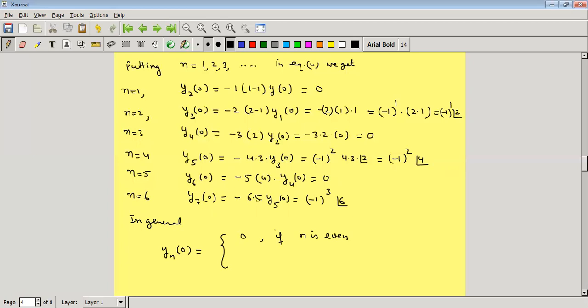When we take the seventh derivative, we get minus 1 to the power 3 into 6 factorial. When we take the fifth derivative, we get minus 1 squared into 4 factorial. So one thing is clear: when we take 7, we get 6 factorial; when we take 5, we get 4 factorial; when we take the third derivative, we get 2 factorial. So it means n minus 1 factorial. If we take the nth derivative, we get n minus 1 factorial.